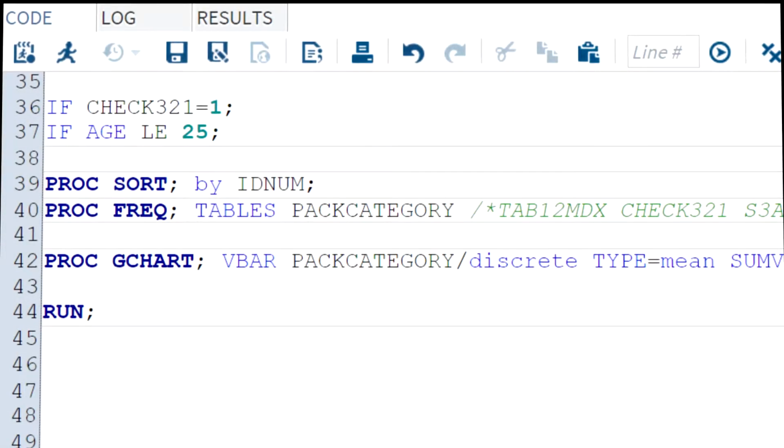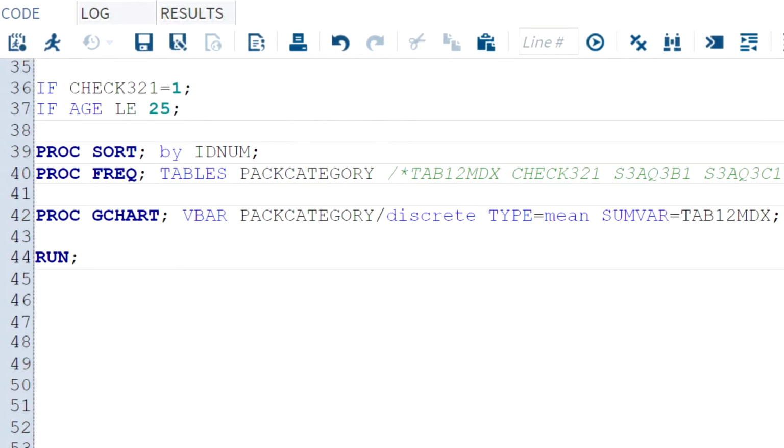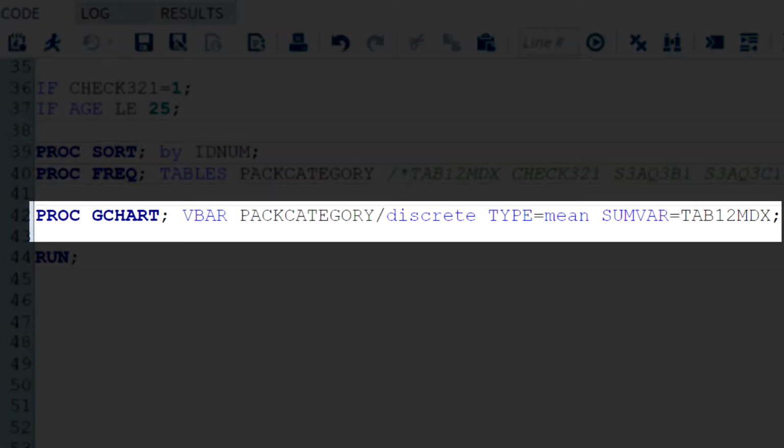So the exact code we'll use for our program is proc gchart semicolon vbar pack category / discrete type equals mean sum var equals tab 12 mdx semicolon.